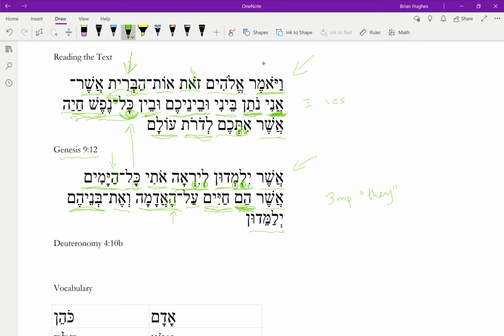And this is yelamedun. So this is a strong dagesh, it doubles the sound, and the shava is vocal because it begins the word. And this is actually Deuteronomy reflecting. Oh, this is talking about when the people were in the wilderness.